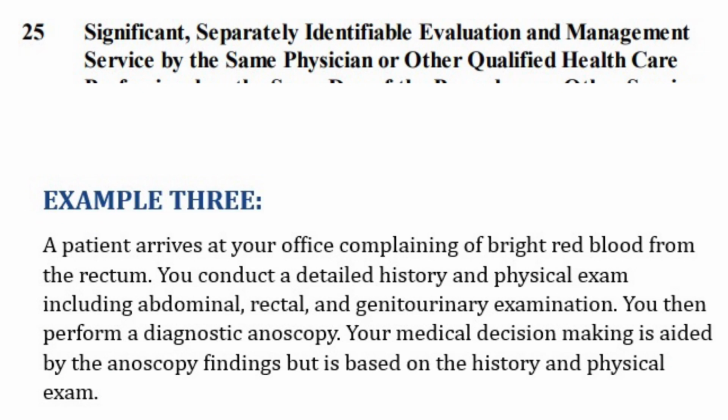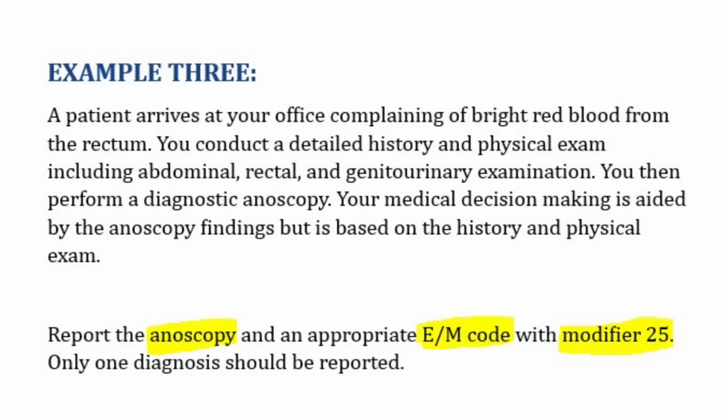Let's see another example. A patient arrives at the office complaining of bright red blood from the rectum. The doctor conducts a detailed history and physical examination, including abdominal, rectal, and genitourinary examination. Then the doctor performs a diagnostic anoscopy. In this case, you will be coding an anoscopy with the evaluation management. Some might say there are no two different diagnoses.